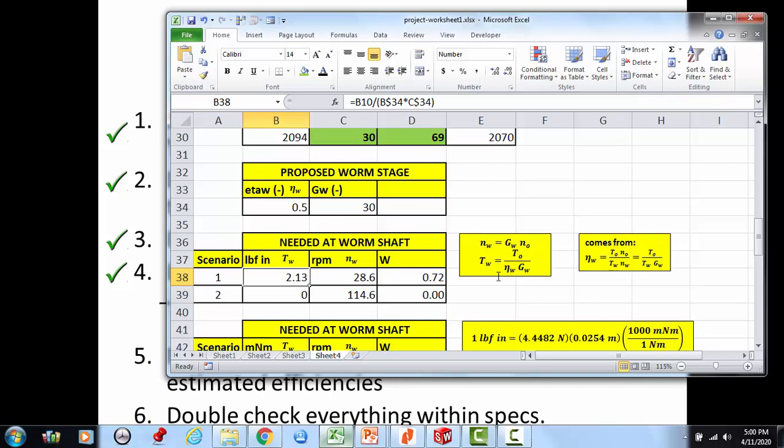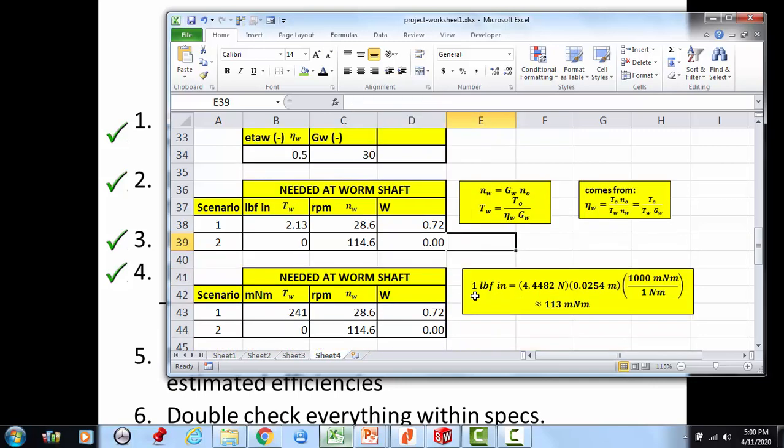I use this all the time. So that's how I got the 2.13 there. You can see this B10 is going to be that output torque divided by B34, the efficiency, and C34 is the worm stage gear ratio. So that's how I got that. And then of course the wattage, I just wanted to keep track of the wattage, the same kind of calculation as we had before.